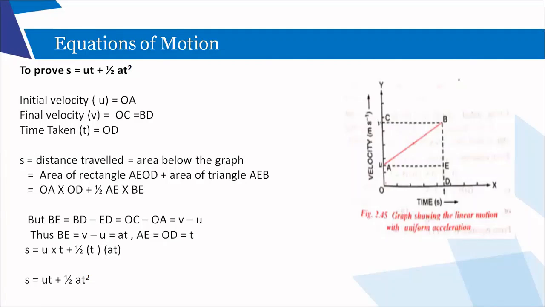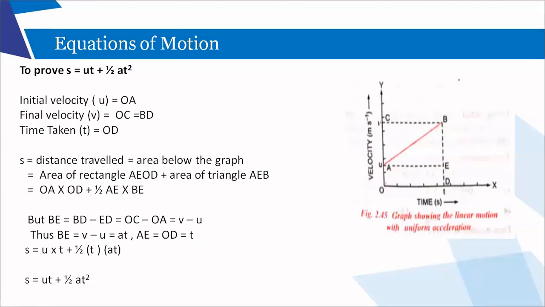Now this is very important. I have to relate it always to V, U and T. Remember that. So I'm trying my best to relate it to V, U and T. So BE is nothing but BD minus ED. But we all know that BD is equal to OC, and ED is equal to OA.